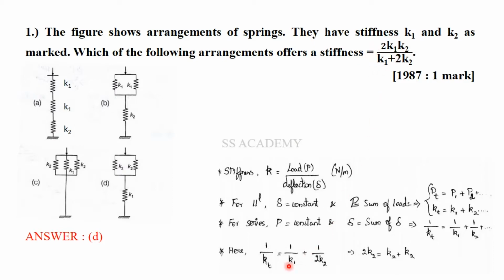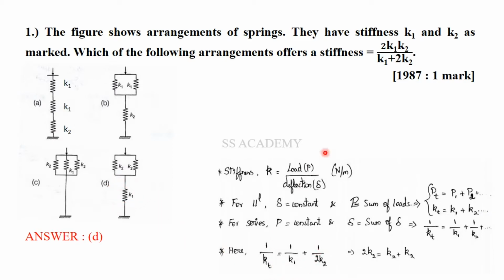So it is clear that K1 and 2K2 are in series connection. 2K2 refers to K2 plus K2, which means two springs of K2 stiffness are connected in parallel. So K2, K2 parallel, and this parallel connection is in series with a K1, which is option D.